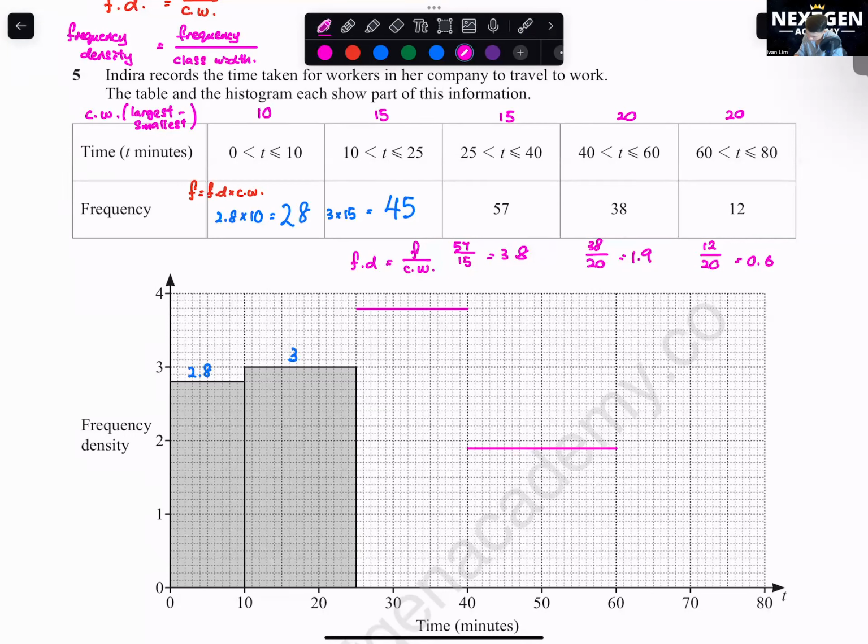Then 60 to 80, 0.6. Then draw the bar. Just double check the values, 3.8, 1.9, and 0.6. Do you need to write the number on top? Don't need. This I just show you all only.